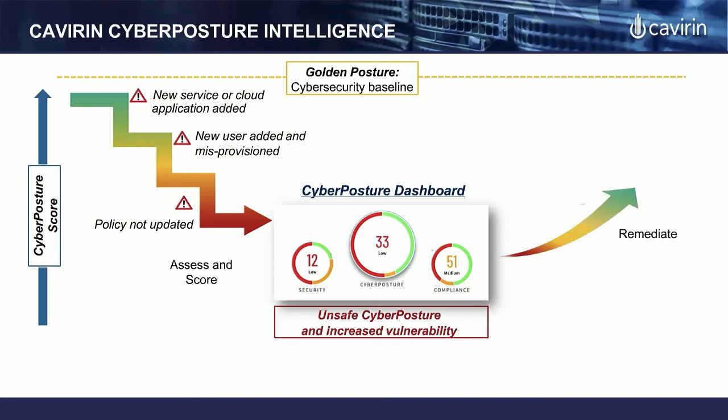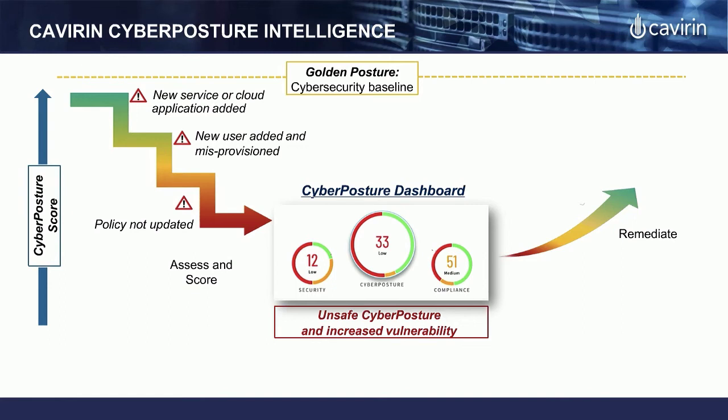So what Cavirin actually does for you is, from a continuous posture monitoring perspective, it presents a dashboard in terms of how your security and compliance posture looks at any given moment in multiple clouds, as well as in on-premises operating systems.